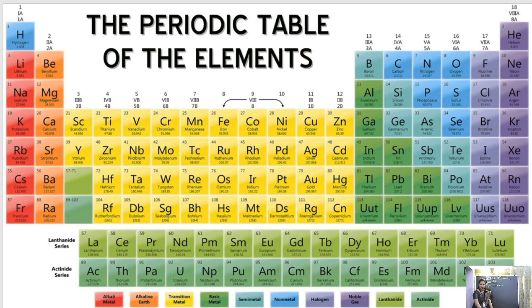Can you see it? So see, here we have hydrogen, we have lithium, we have beryllium, we have boron, carbon, nitrogen, oxygen, sodium, calcium, potassium, all the elements that we know are arranged in this periodic table, and they are arranged according to their atomic number.